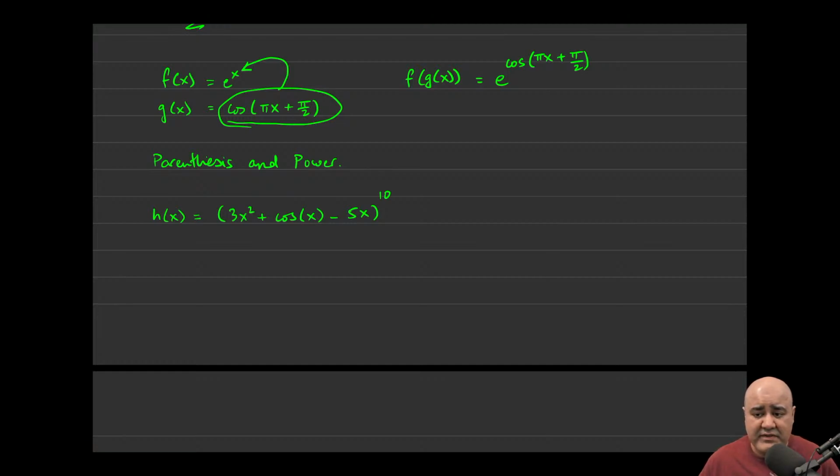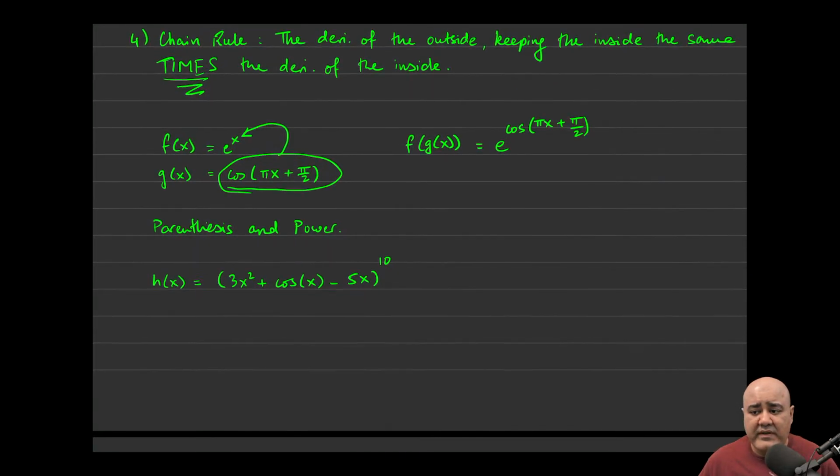If you have a set of parentheses and a power, your brain should be thinking chain rule. With exponential functions like these, it becomes less obvious because the x that was in e to the x got replaced with this function. So you don't have the traditional parentheses with a power. You don't have this neat little encapsulation that occurs. We'll get to exponential functions next, but I just wanted to kind of tease that idea here.